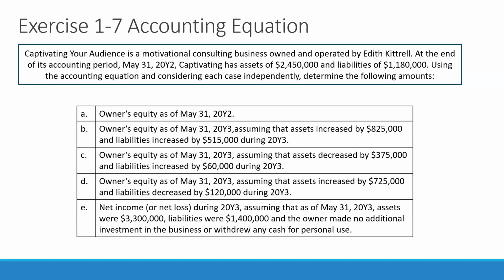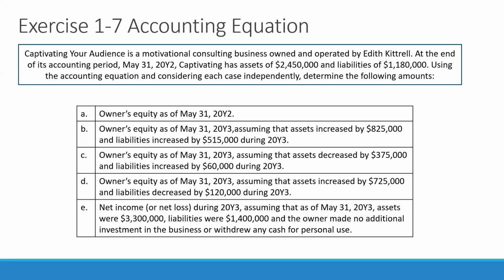And it's the same deal for each of these. For letter E, you can calculate the net loss, assuming that they did not withdraw or additionally invest any other money in the business. The net income would be the change in owner's equity over the year.